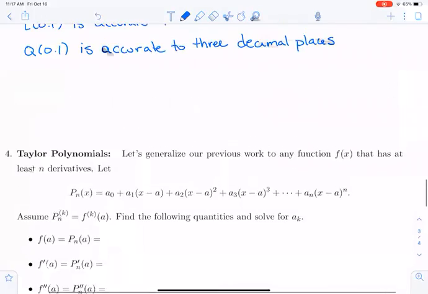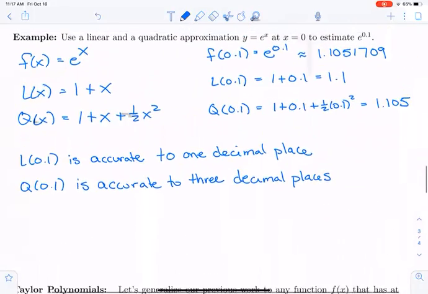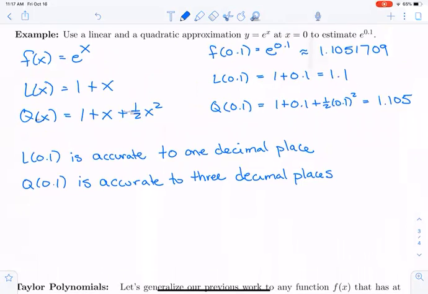I'm going to go back real quick, just so that people can see this part of the example, because I went by it really quick. But I'll just talk about this idea of Taylor polynomials while we've got this example up.